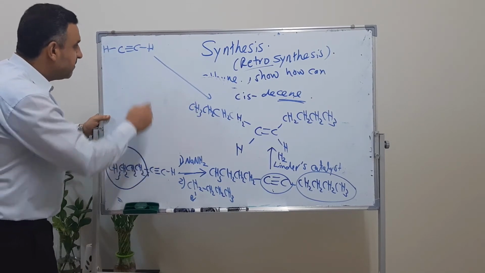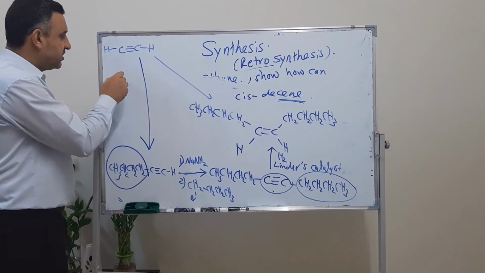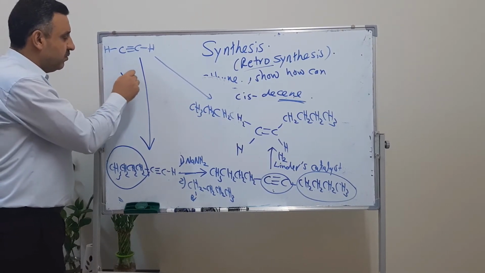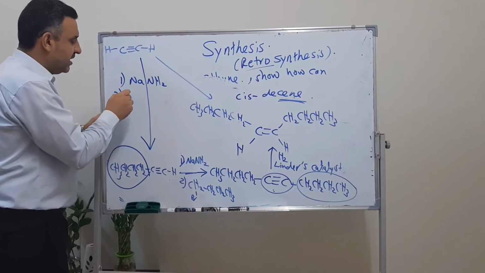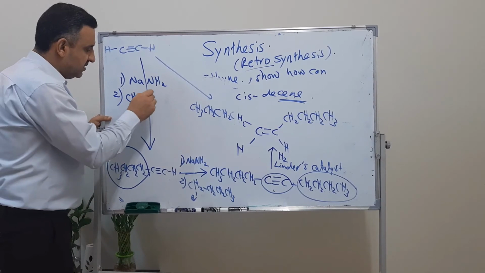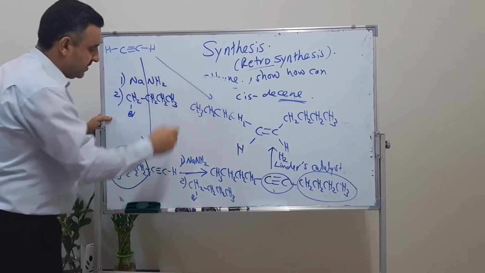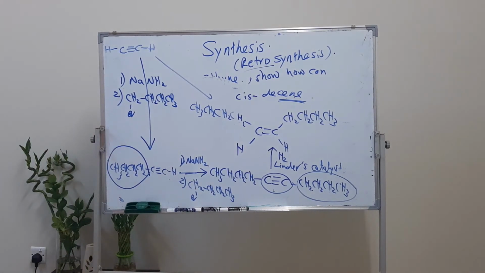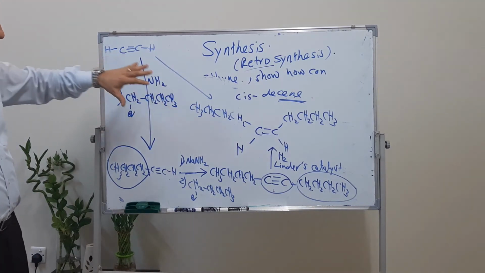All right. Now, similarly, we can simply introduce this alkyl group from the corresponding alkyne. So this can be prepared from this alkyne by two-step synthesis. First with sodamide, second with the primary alkyl halide, which in this case is CH2Br, CH2, CH2, CH3. Do you see it? This is how we could achieve the synthetic protocol.